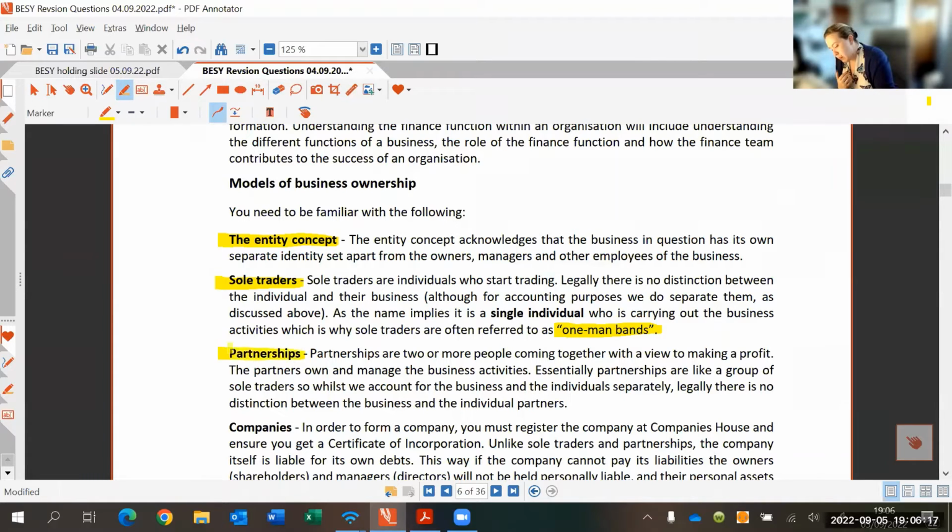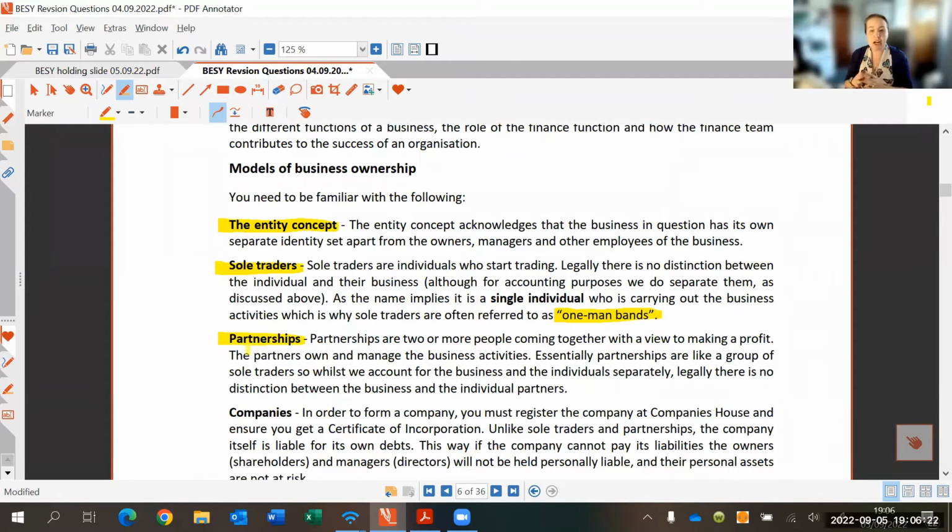You may also be asked about partnerships. Again, this is a similar thing to the sole trader, but you will have more than one person involved in a partnership. So it's a minimum of 2 people. But the idea is that they're coming together to make that profit, which we're all trying to do in most businesses. There is one coming up where they're not going to make a profit. And basically, it's like a group of sole traders.